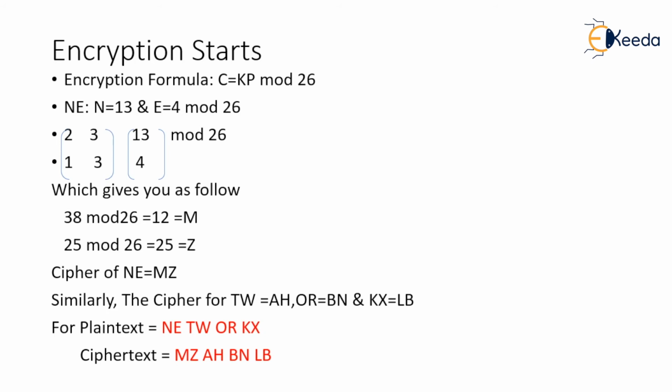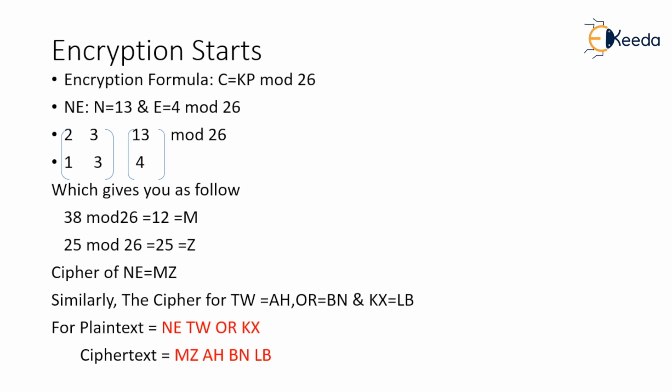If we substitute the values in the formula for encryption, we get 2313 as the key matrix multiplied by the column matrix of the alphabets from your plain text, that is the pair 13, 4, and we take mod 26.